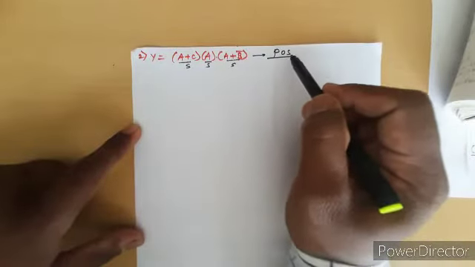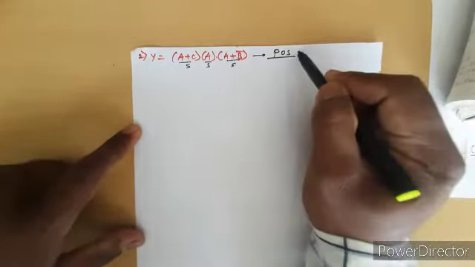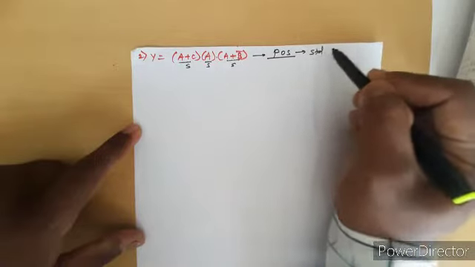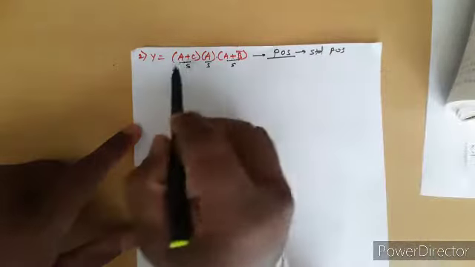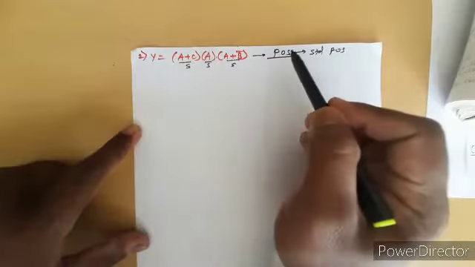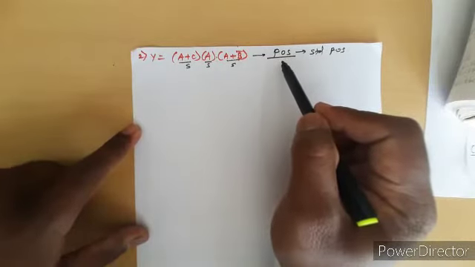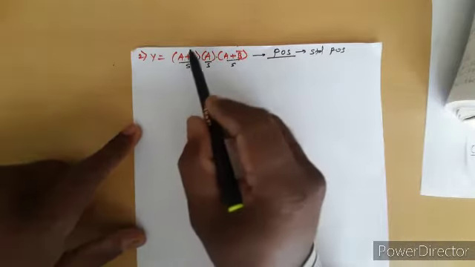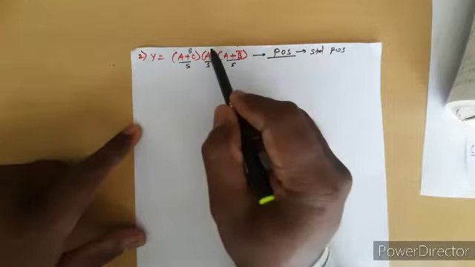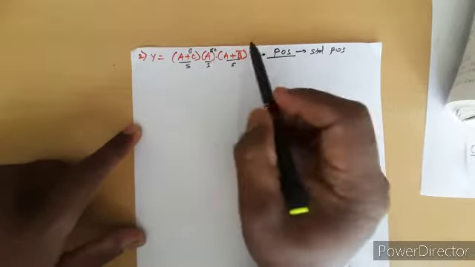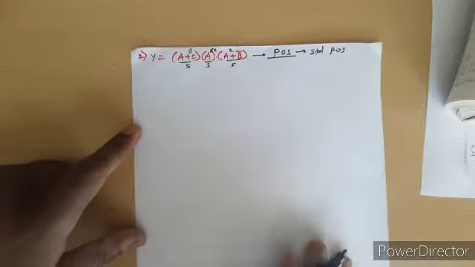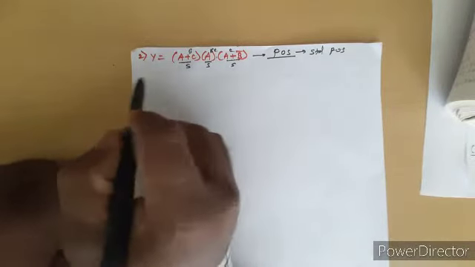So this is in POS form. Now convert it to standard POS. Is this given equation in the standard POS form? It is not, because you can see here b is missing, here both b and c are missing, and here c is missing. So let us try to convert this.